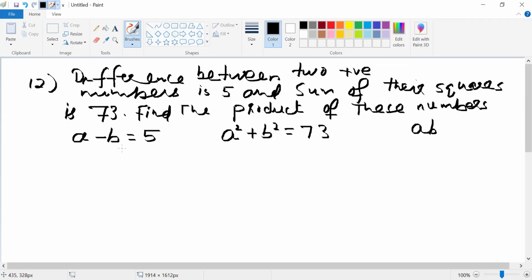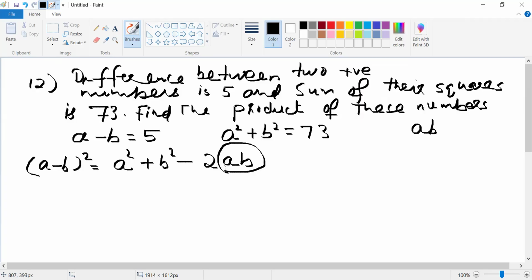So we can connect them now. Here A minus B whole square. What is A minus B whole square? A minus B whole square equals A square plus B square minus 2AB. In this we want to find this AB. All others we know, so we can substitute.